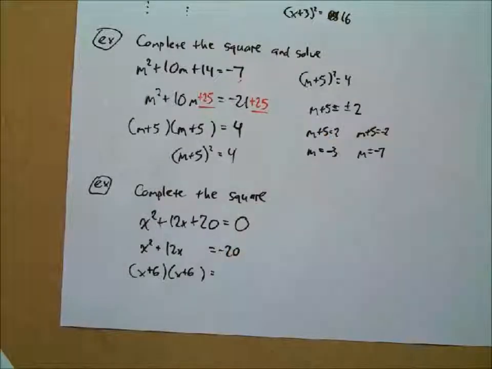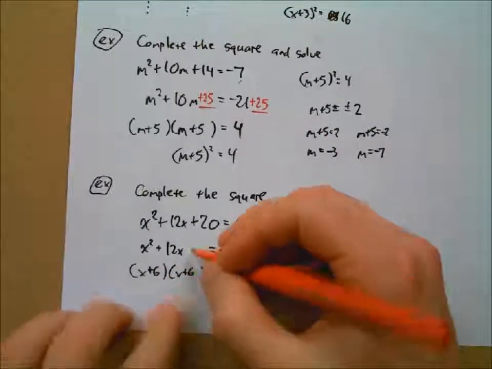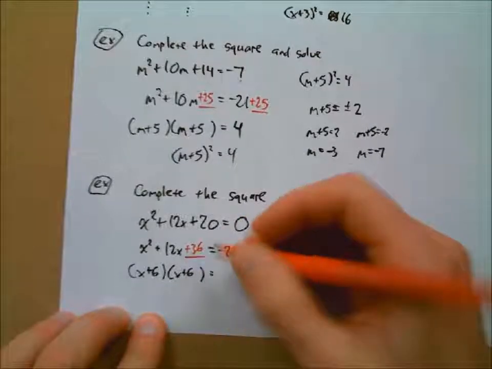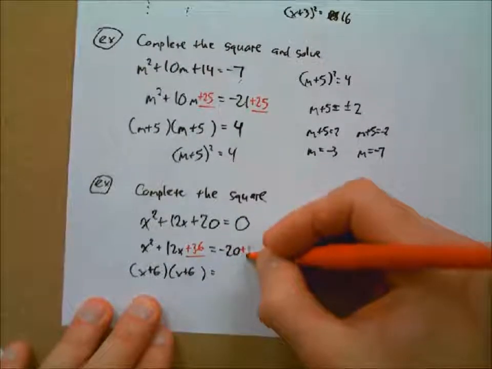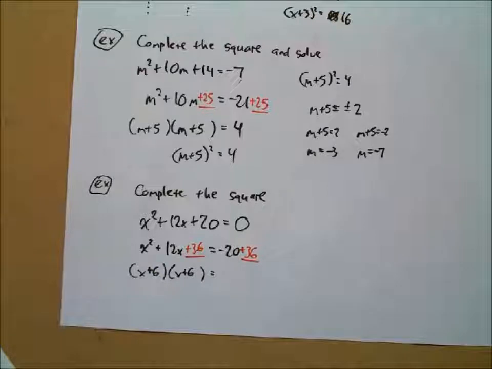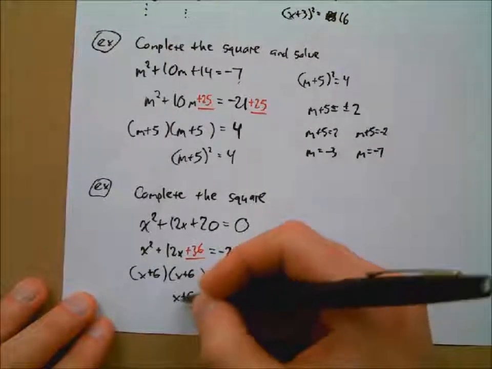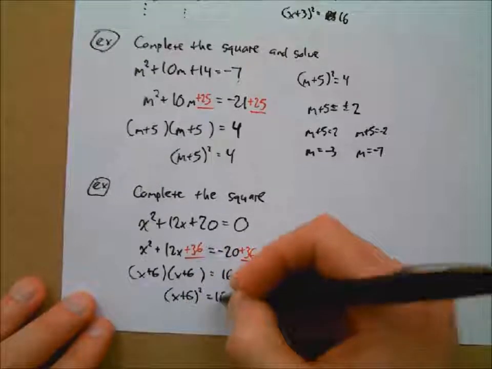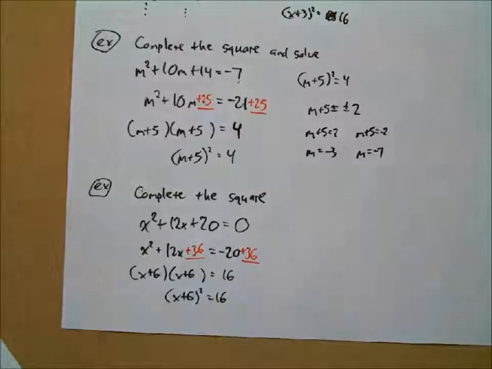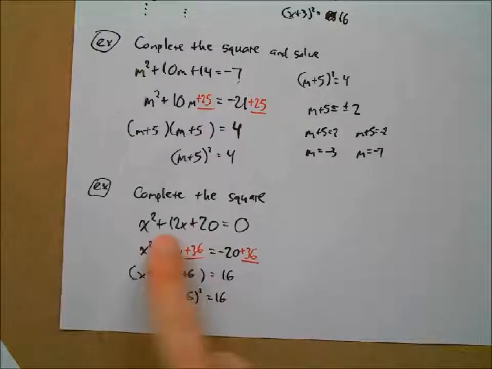We got to add in a 36, because then 6 times 6 would be 36, so we need to put in a 36 there to make it factor right, and we'll add 36 over to this side as well. Okay, and so then negative 20 plus 36 is going to give us 16, and so we get x plus 6 squared equals 16, and again, I'm not going to solve that, but we could. All right, so there it is, a perfect square now. We made something that was not a perfect square into a perfect square.